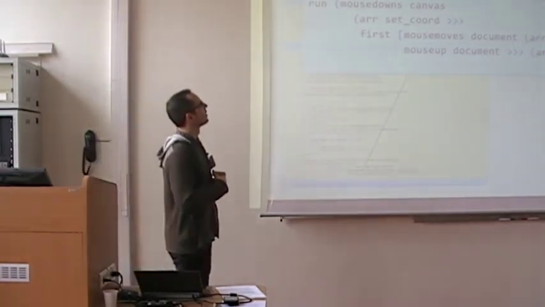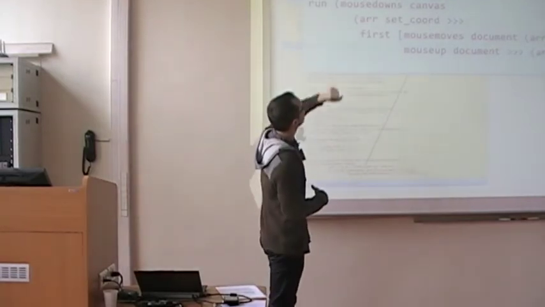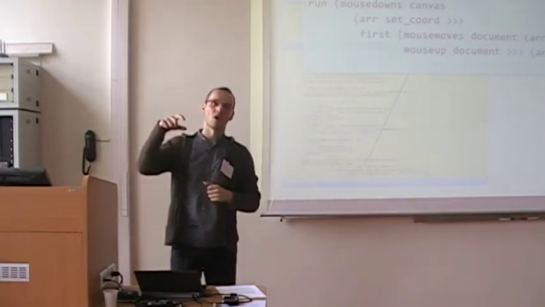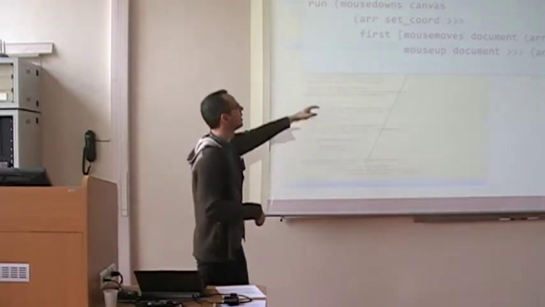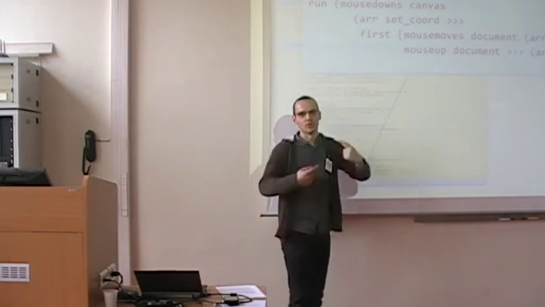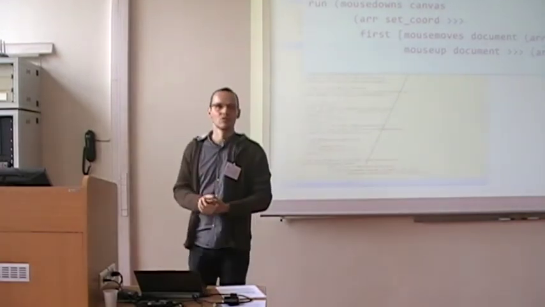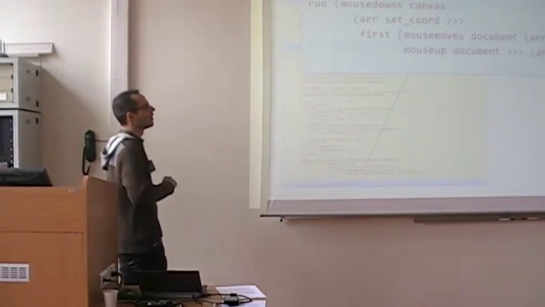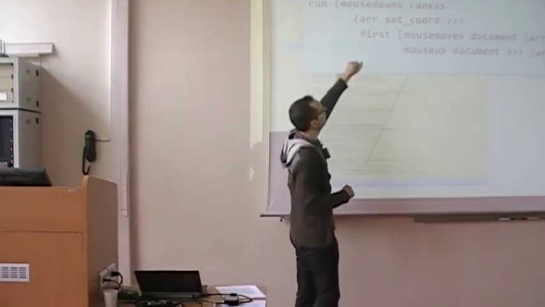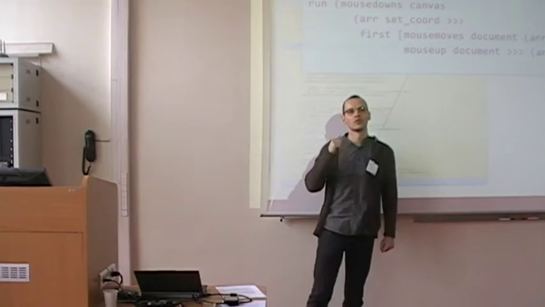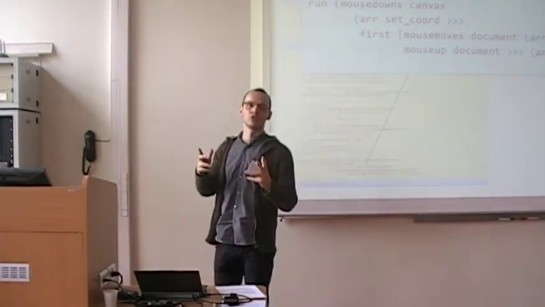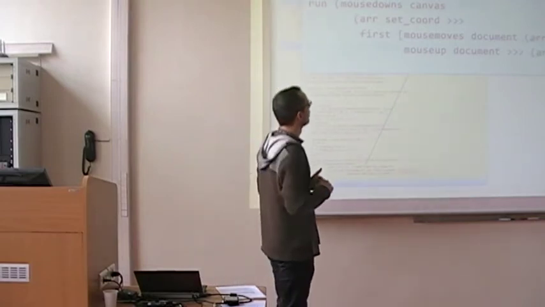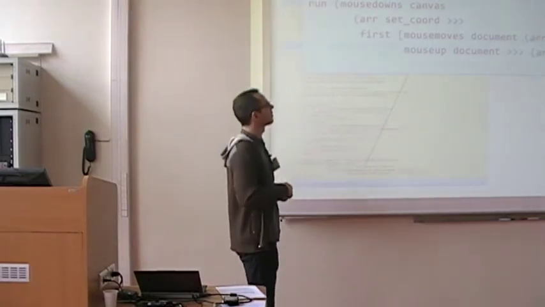Basically, this says for each mouse down event on the canvas, there is an S on mouse down because we want to iterate and do this for each mouse down event on the canvas. Do the following. First, call the setCoord function. setCoord is just a function that will record the current position of the mouse in some reference.